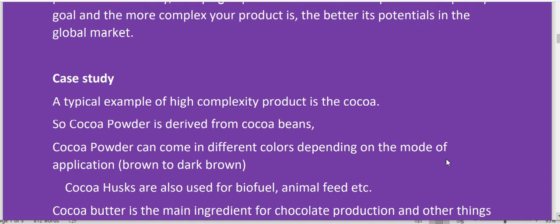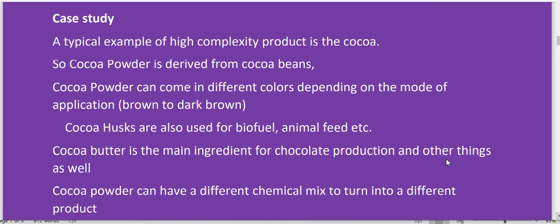Cocoa powder, we all know, is derived from cocoa beans, and it comes in different colors depending on the mode of application. Like I told you earlier, we have different types of cocoa. We have some that are brownish in color, some that look dark brown, and some that look very dark.